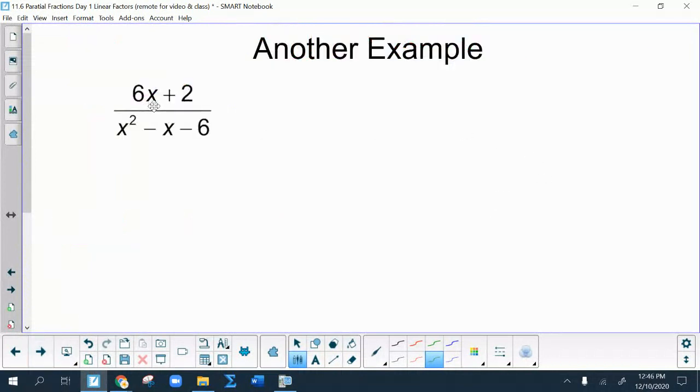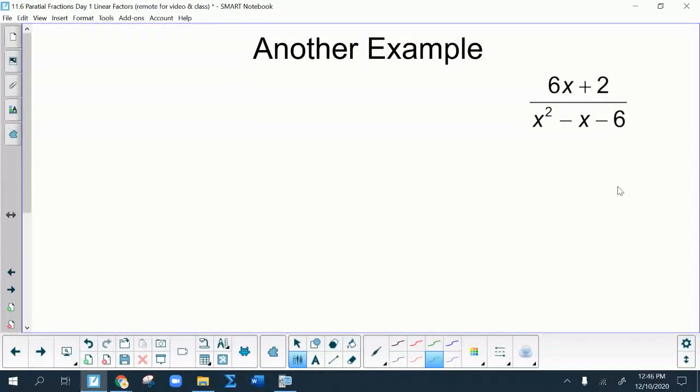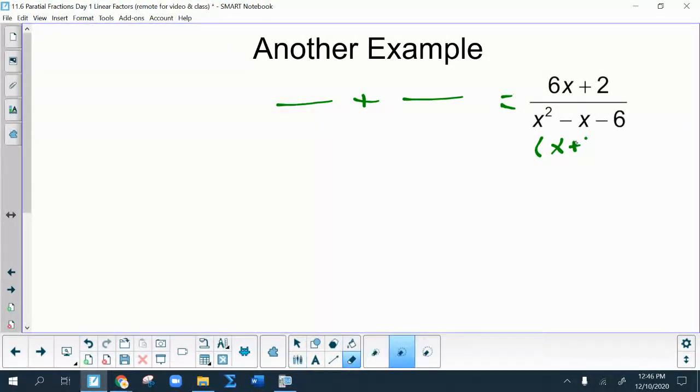So this one, I'm going to set it up like this so I can have my matrix set up correctly. So this factors into x minus 3 and x plus 2. Okay.